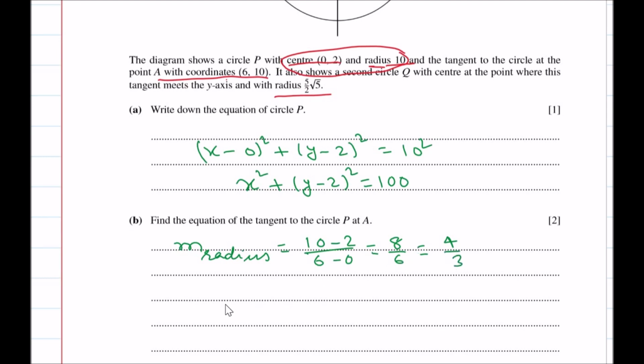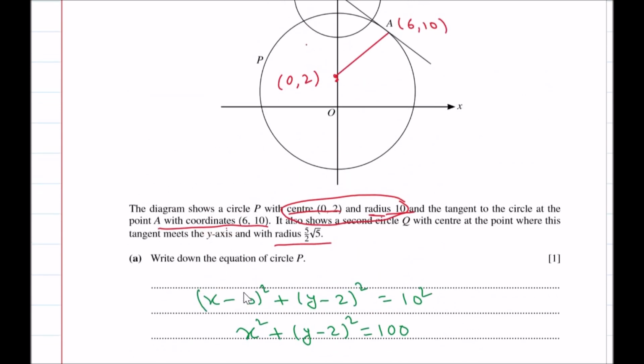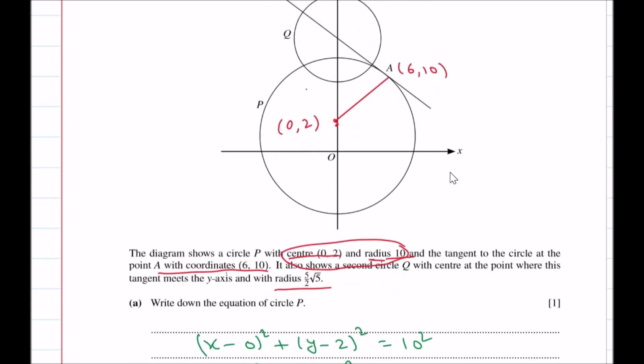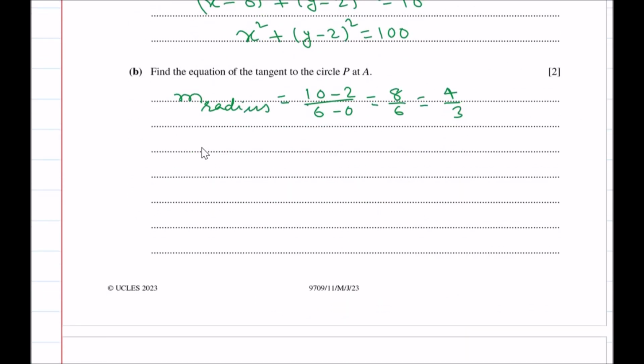So now this is normal or perpendicular to the tangent. Now we can find the tangent gradient. So it will be negative reciprocal of this. So that means minus 3 by 4. I hope this is clear to you.